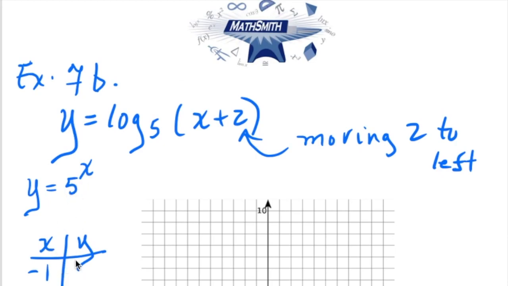So 5 to the -1 power, that's 1/5. 5 to the 0, that's 1. 5 to the first power, that's 5. So now our untransformed logarithm of x, without doing the shift yet, is going to be the reverse of these things.